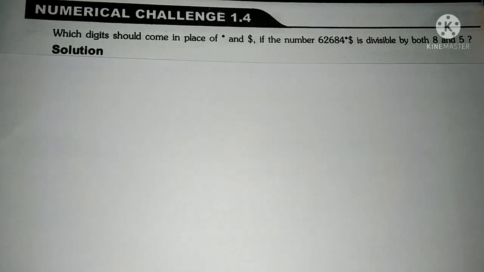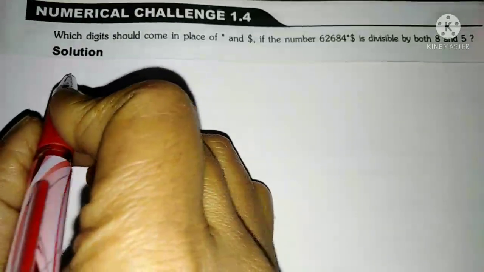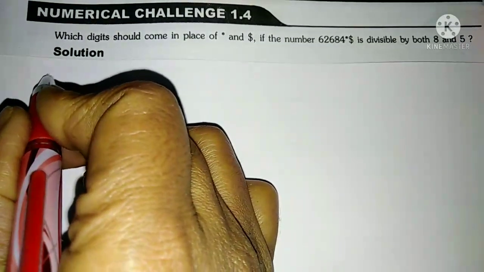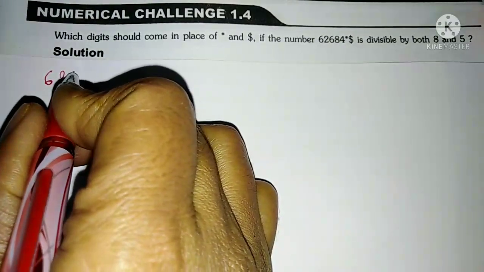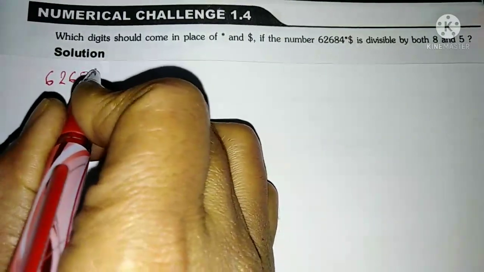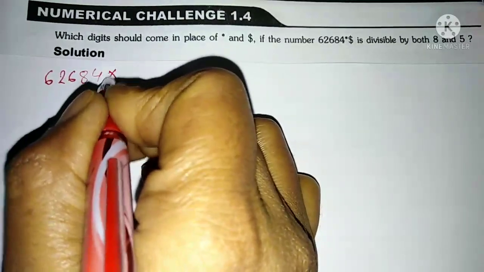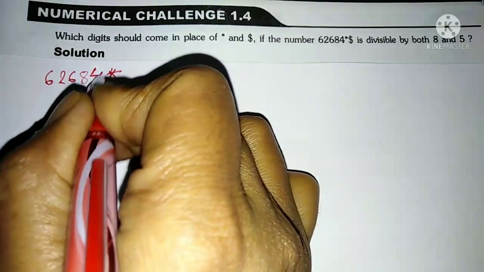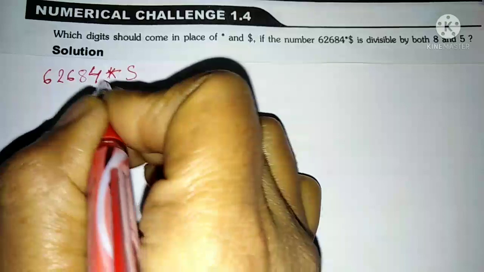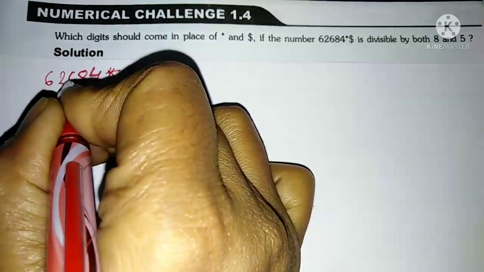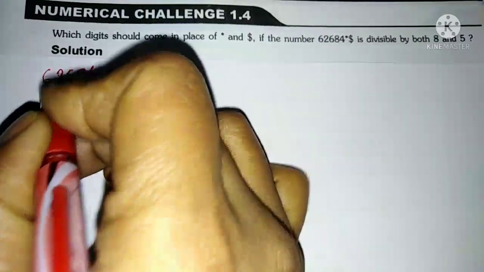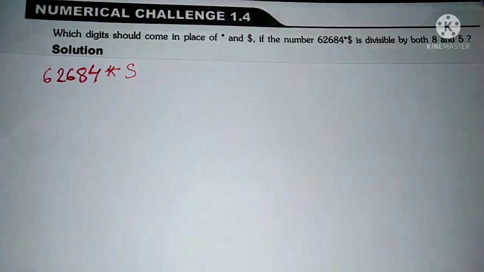Let's write the number: 6, 2, 6, 8, 4, star, S. It is divisible by 5.